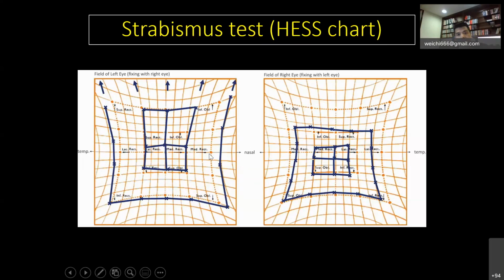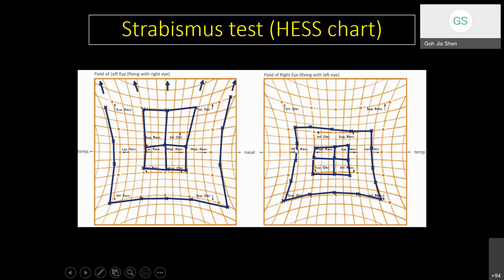Usually in eye examination, the data from the right eye is placed over here, and the left will be placed over here. It's from the patient's perspective, but there are two exceptions.